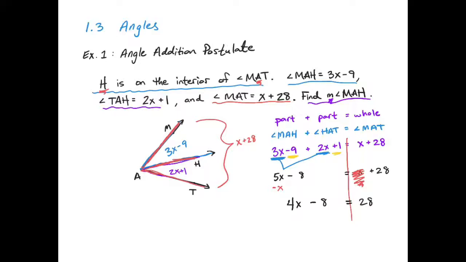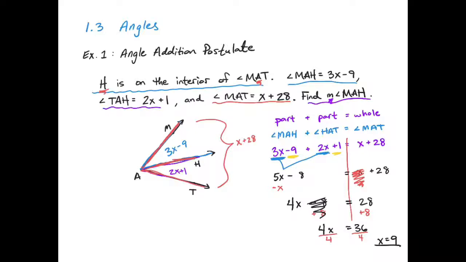And I'll move over that minus 8 by adding 8 to both sides. And lastly, let's divide by 4. And x will equal 36 divided by 4 is 9.